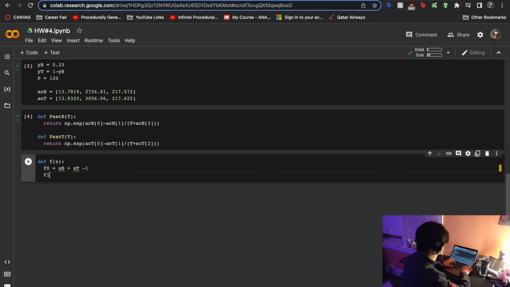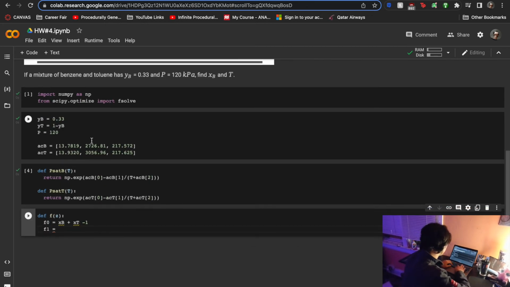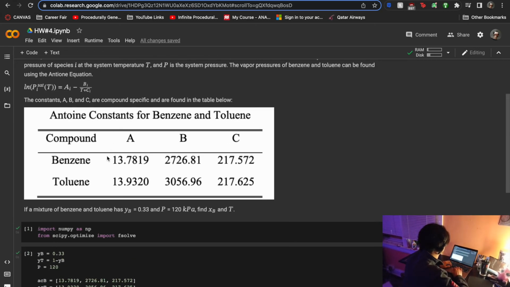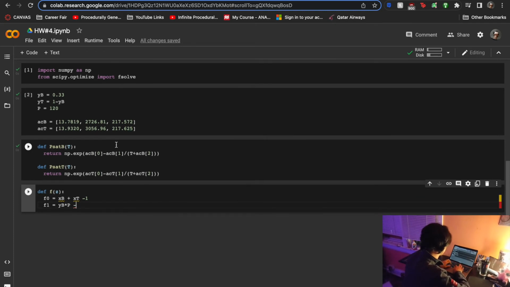Next, our next function, f1, is the product of yb times pressure minus xb times P saturation of B, which takes temperature as the input.